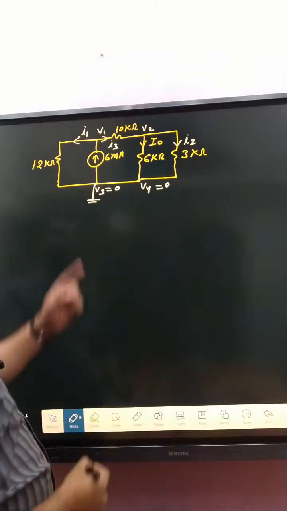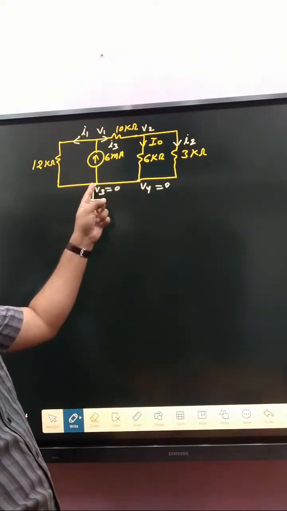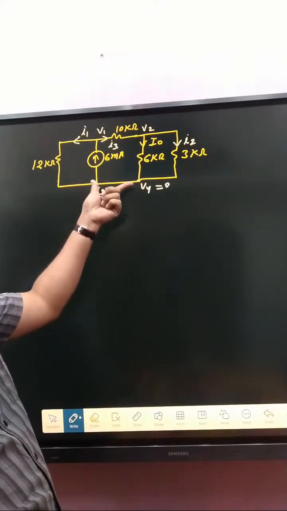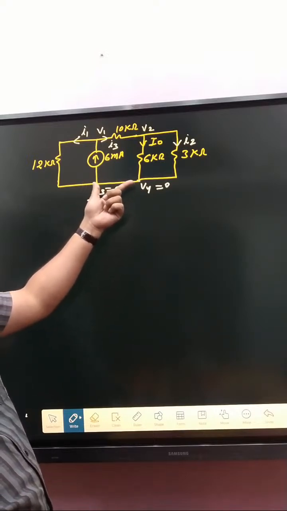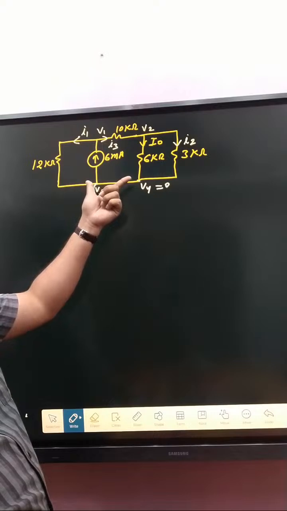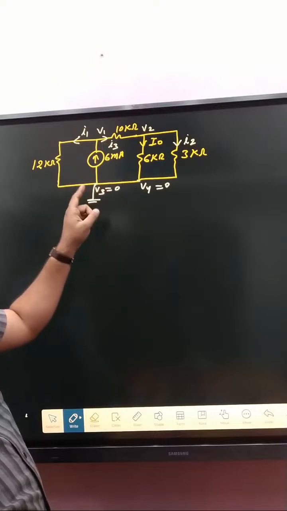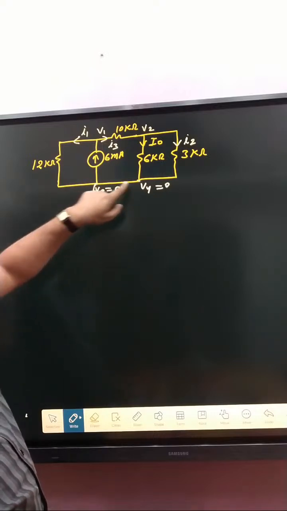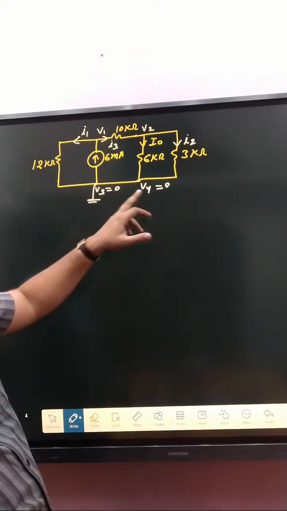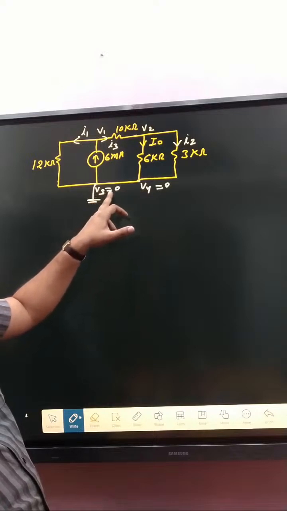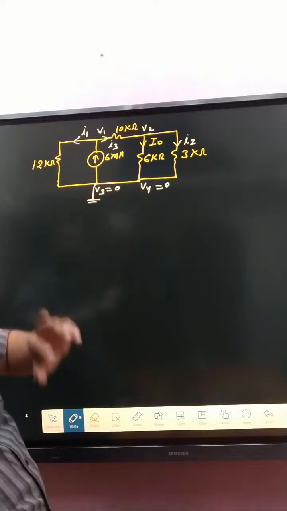Why? Because no source is connected between these two nodes, so they are at the same voltage.